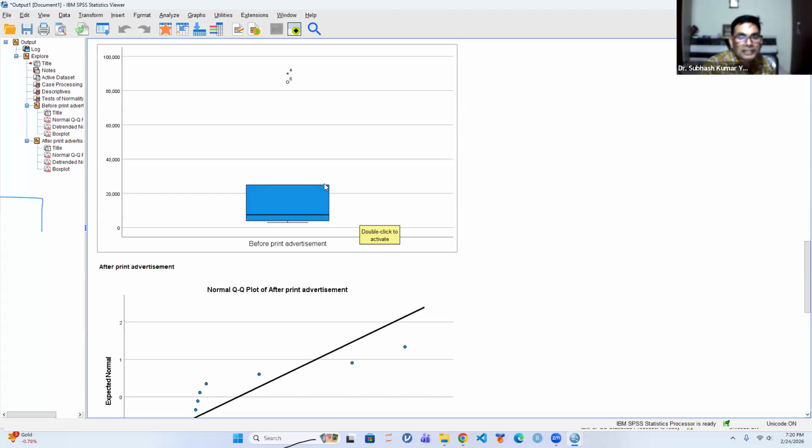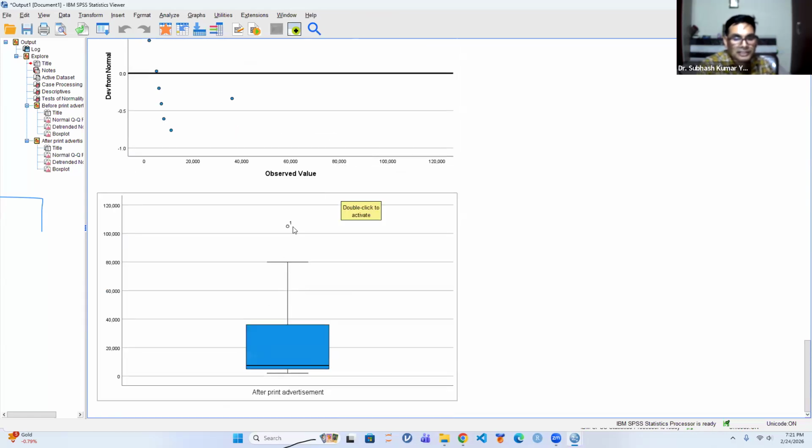If any point is lying either below the first quartile or above the third quartile, by 1.5 times the quartile deviation, that means 1.5 times of Q3 minus Q1, either from Q3 or from Q1, then it is considered to be an outlier. And if it is 3 times distant from these points, 3 times that quartile deviation, then it is considered to be an extreme observation.